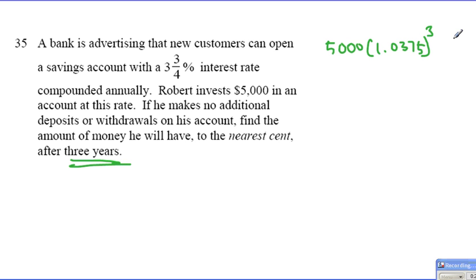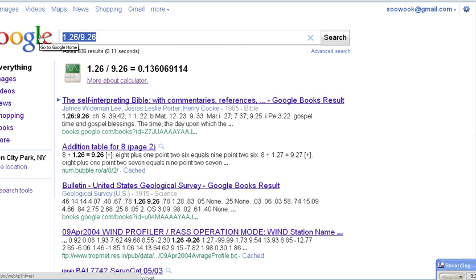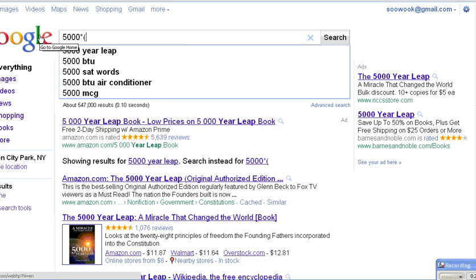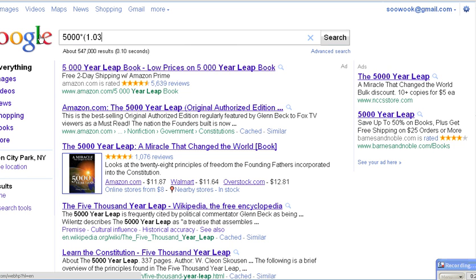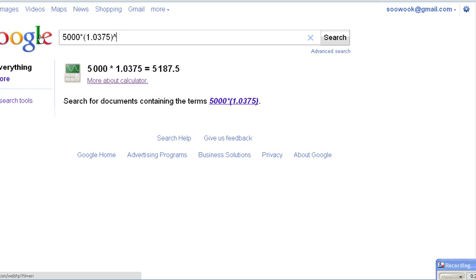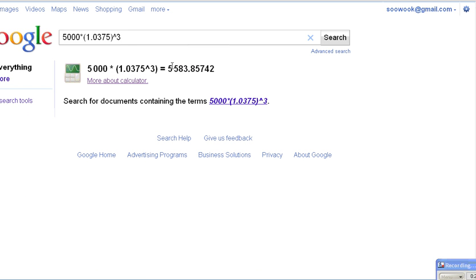So we're going to raise this one to the third power, and that becomes our answer. $5,000 times 1.0375 raised to the third power. So that's basically what we end up getting.